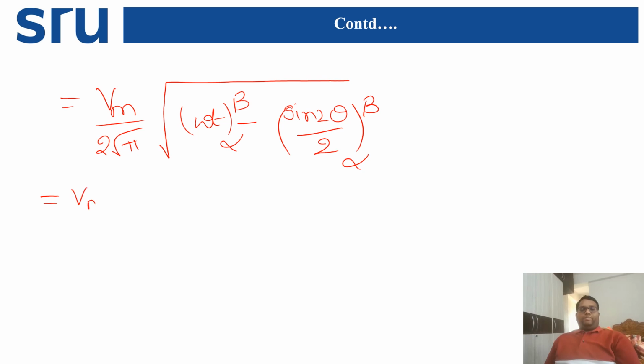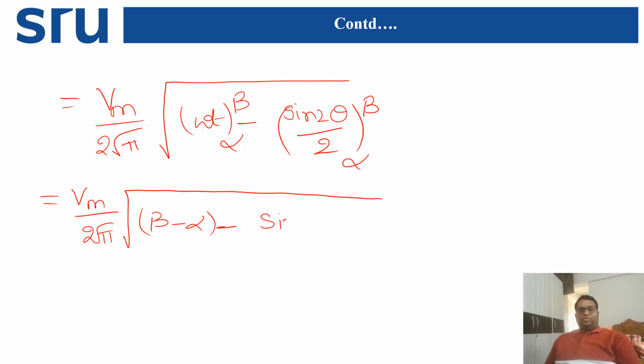Then Vm by 2 root pi, square root of beta minus alpha, minus sine 2 beta minus sine 2 alpha divided by 2.